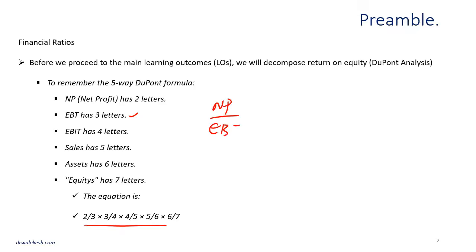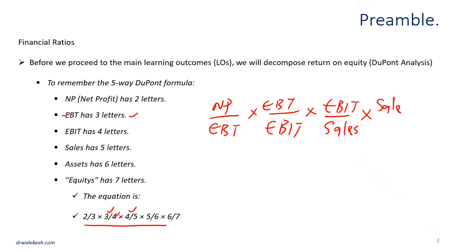That's EBT. Then 3, which is EBT, over EBIT for 4 letters, times EBIT, that's coming from here, over sales, and times sales, which has 5 letters, over assets. Assets has 6 letters, times assets over equity.